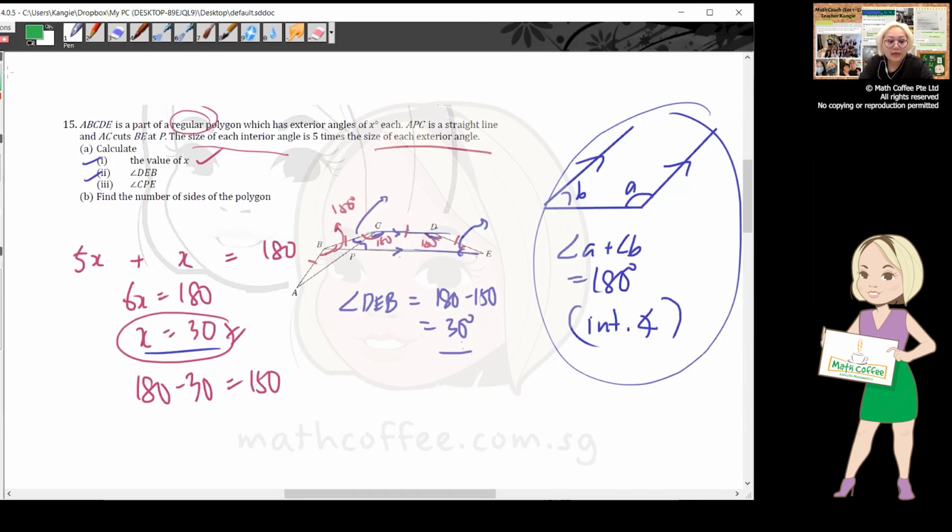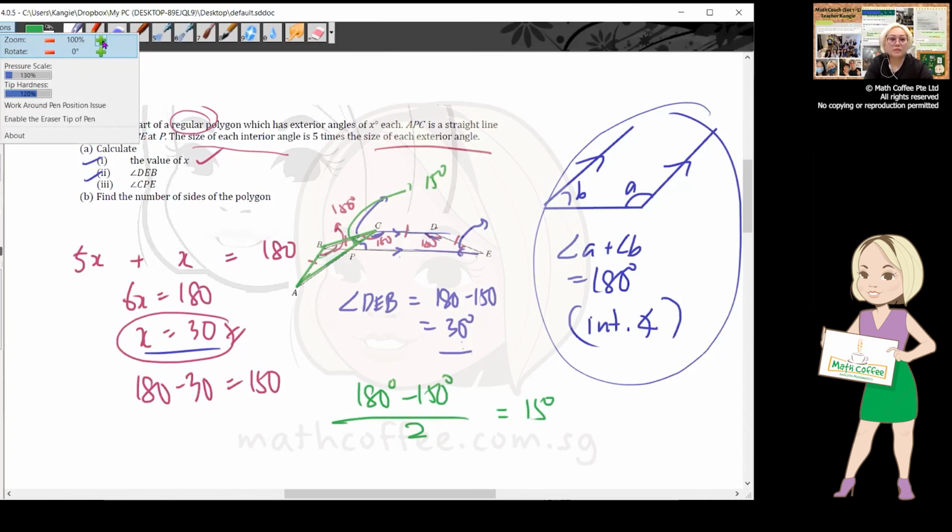Can you spot that there is an isosceles triangle, which is this one? We know that this is 150. So to find this small one, you take 180 degrees minus 150, divided by 2. So it will be 15 degrees. This small angle over here is 15 degrees.